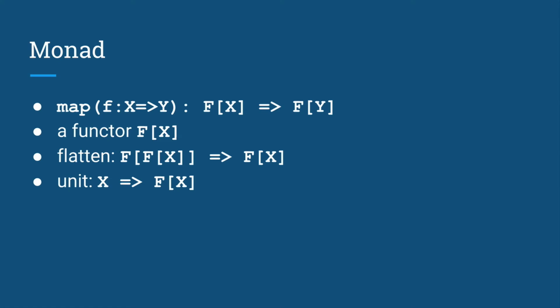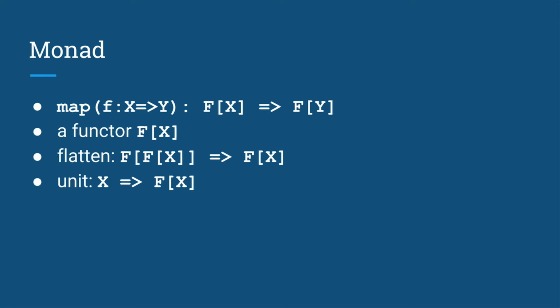So a monad is what allows us to do flattening. A monad is a functor that has flatten features and has a unit. A unit, given a value of type x, produces an instance, a value of type f of x.